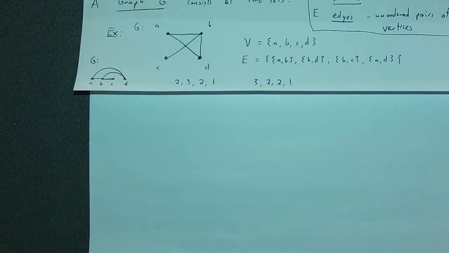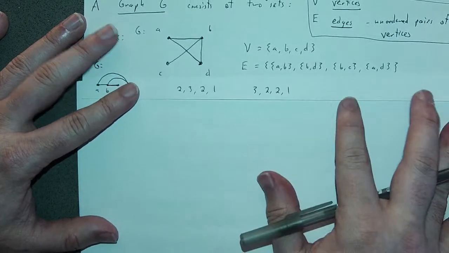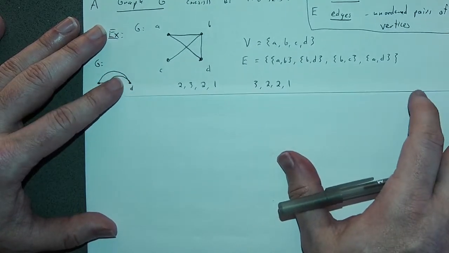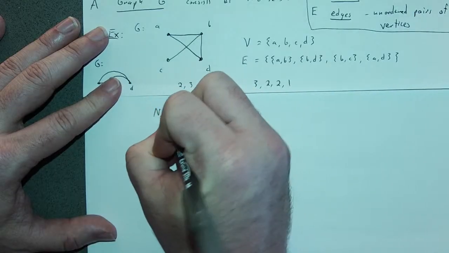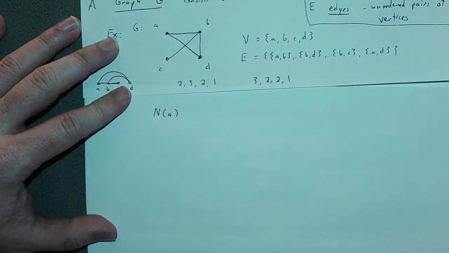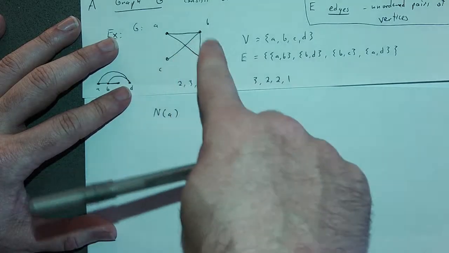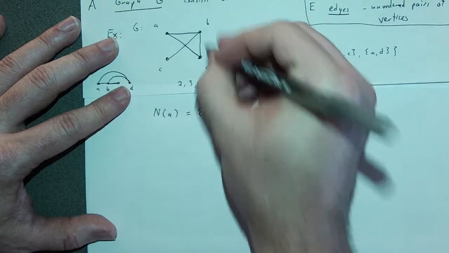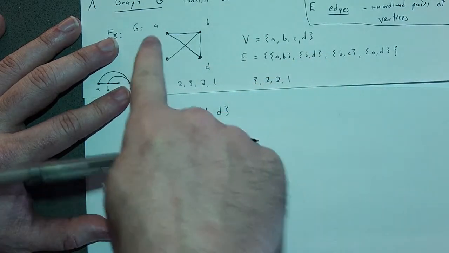So what is the neighborhood of, say, A here? The open neighborhood of A. This consists of the vertices that are adjacent to A. So this would be B and D. Those are the two vertices adjacent to A.